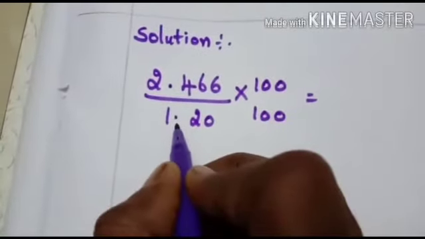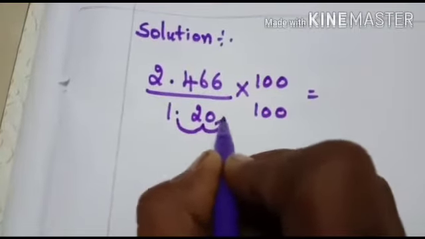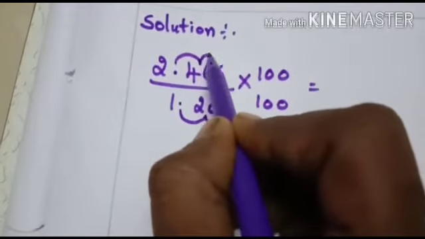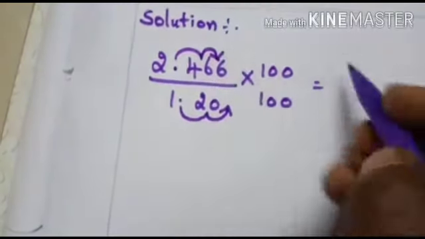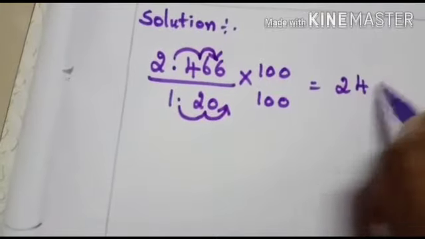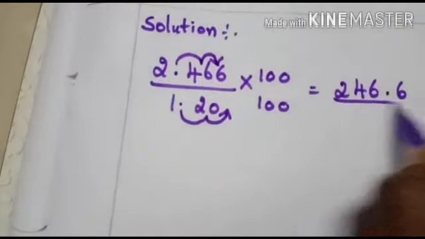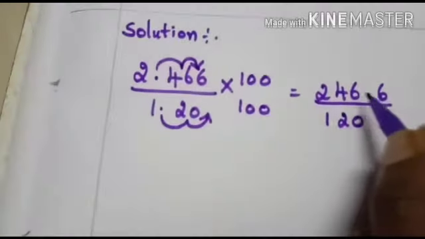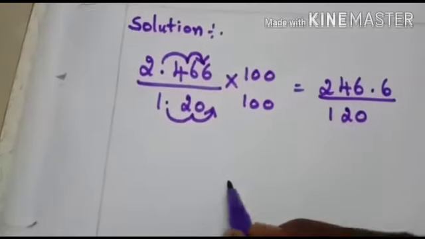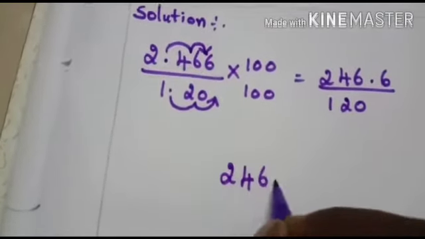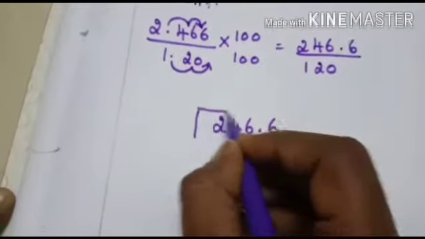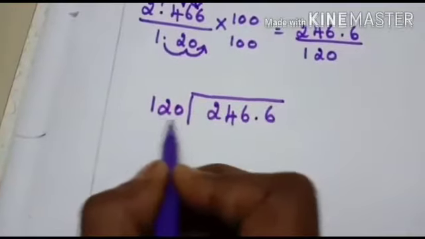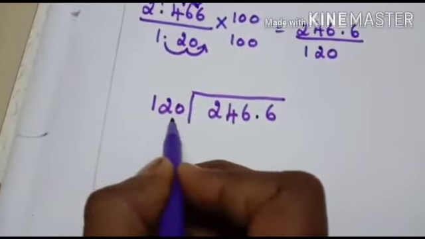The decimal point goes from left to right by 2 decimal places, and here also the decimal point moves from left to right by 2 decimal places. 246.6 and here 120. Now we divide 246.6 by 120, and now the divisor is a whole number.